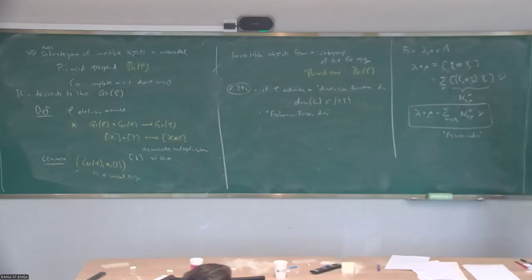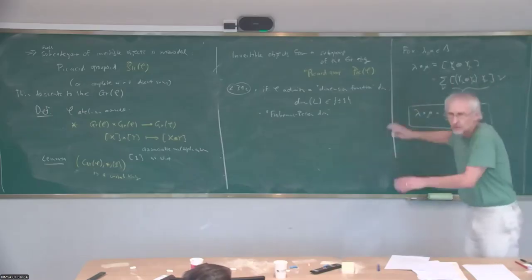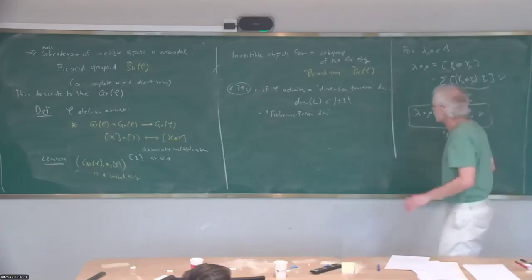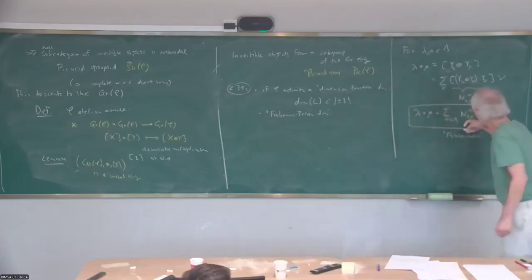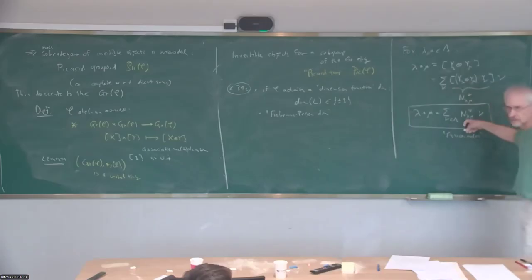Assume we are in a situation where there are only finitely many, that is, the set lambda is finite, or slightly more general. Then these N's are by definition non-negative integers.